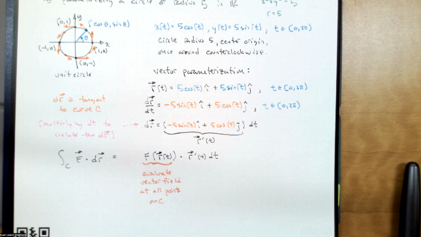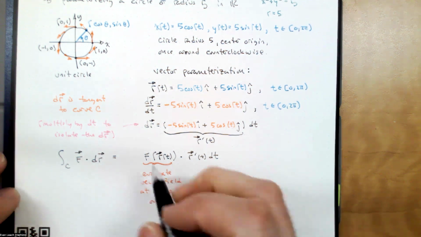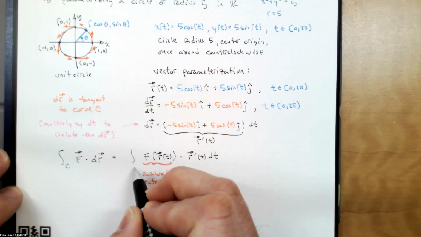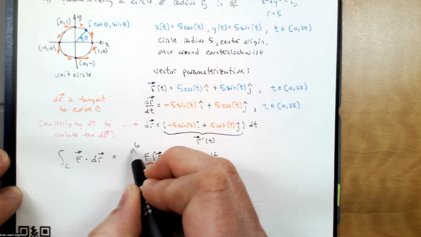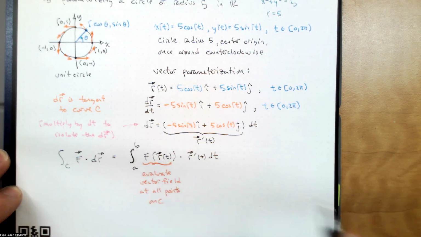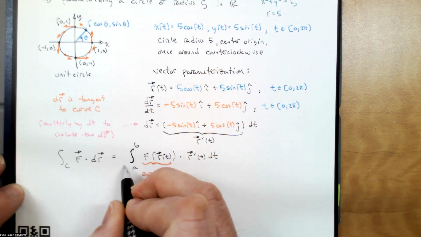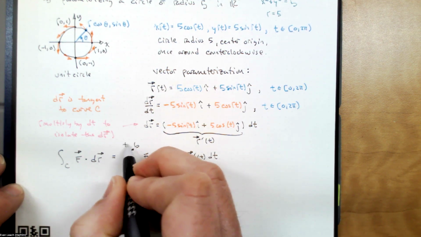R prime is just exactly what we think it would be. Take the derivative of each of the components of r. What we have now is a regular integral dt. So we just evaluate from a to b. I'm going to put t equals a to t equals b.